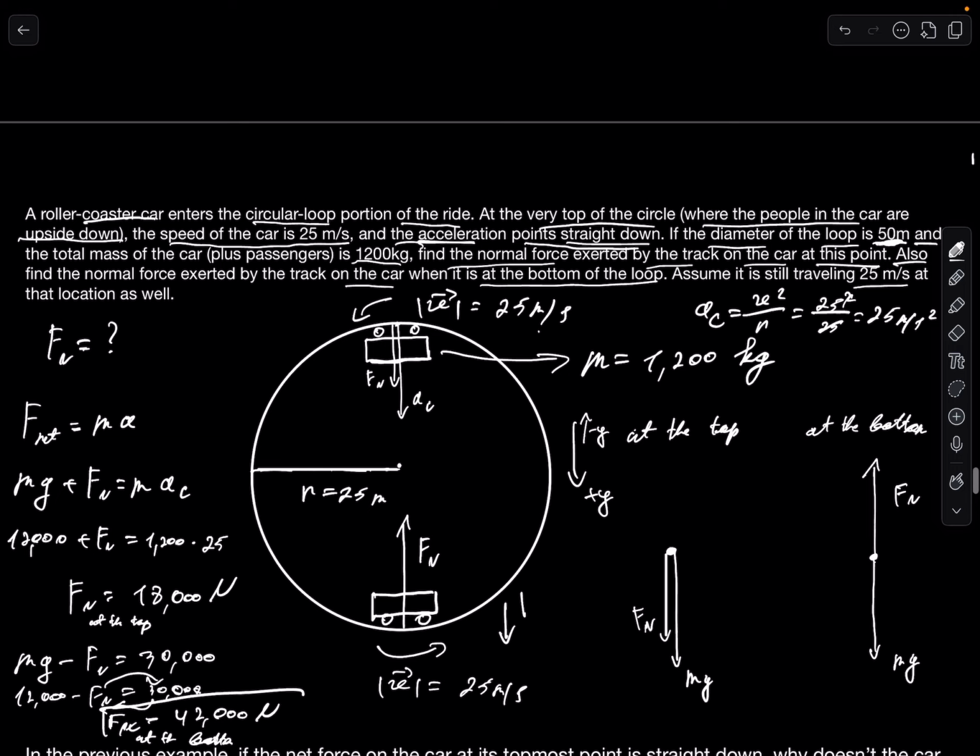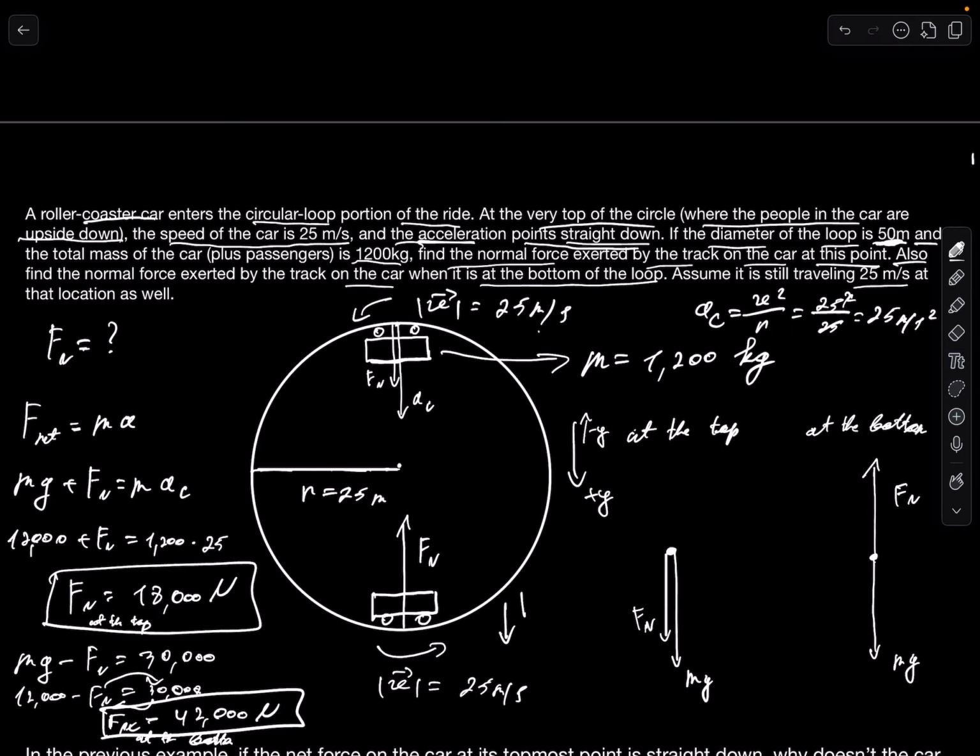So these are our solutions. And I want you to notice that it actually makes a lot of sense. The reason the normal force is different is that the normal force is an electrostatic force. They're basically atoms interacting at a micro scale, but we're not going to dive into the electromagnetism behind it.